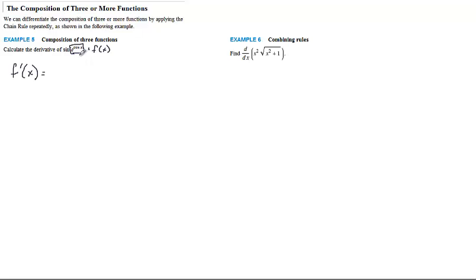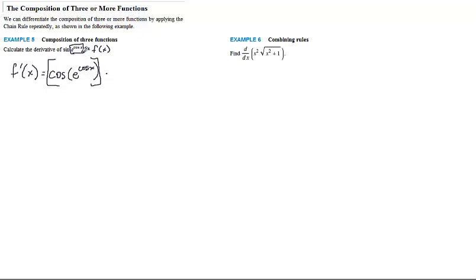So I'm going to take the derivative of the outside, derivative of a sine is cosine, leave the inside alone, so that's going to be the cosine of e to the cosine x, and this is going to be times the derivative of the inside.